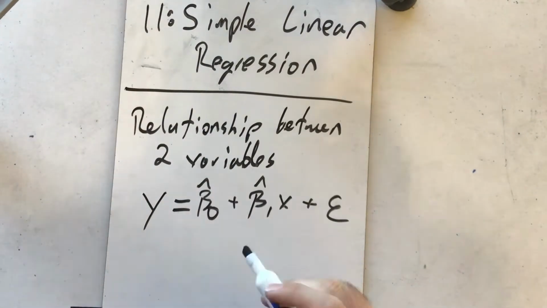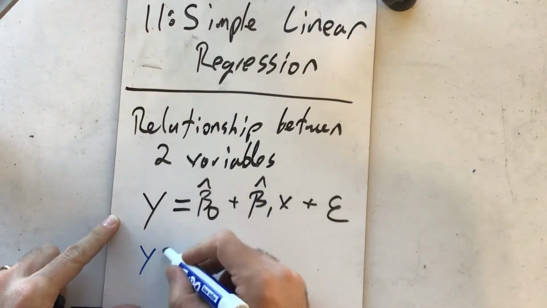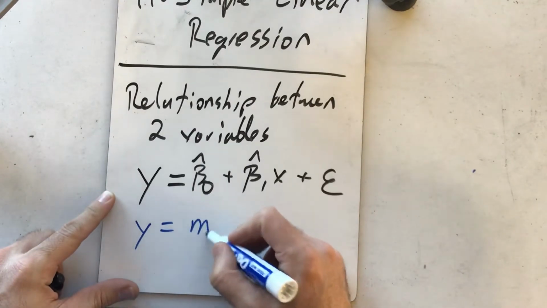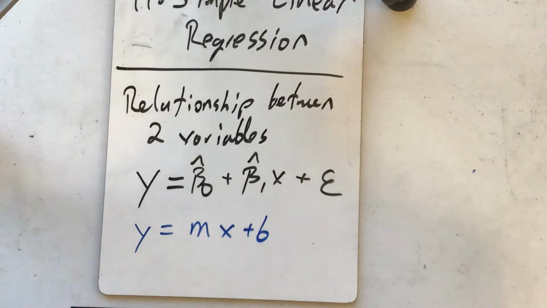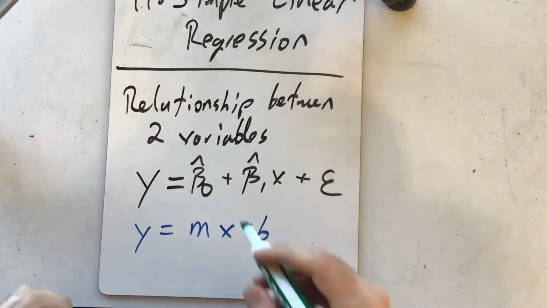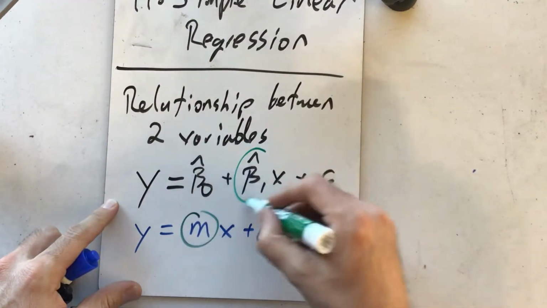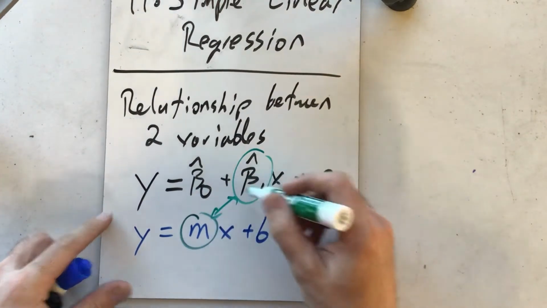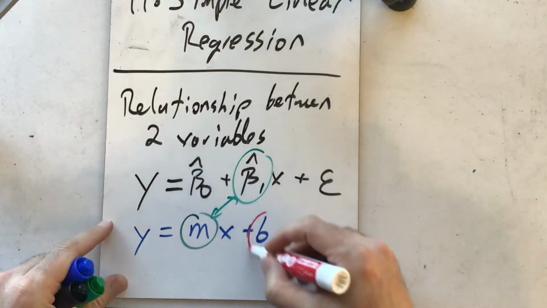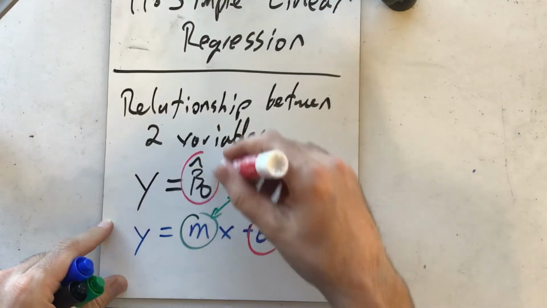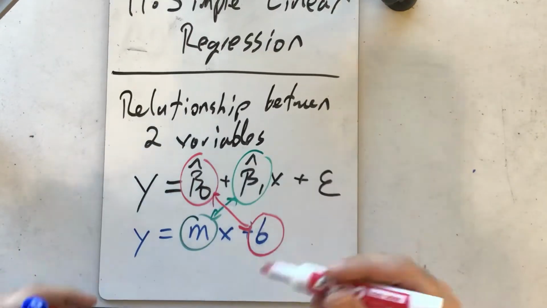But what you should really think of when you see this is your classic line, y equals mx plus b, except notice that the m is your slope, and for us the slope is always the term that goes before the x. And then your b is your y-intercept, and that's the term that doesn't have an x on it.